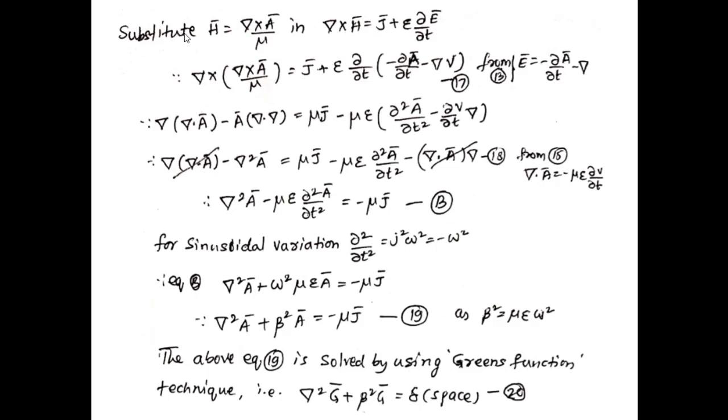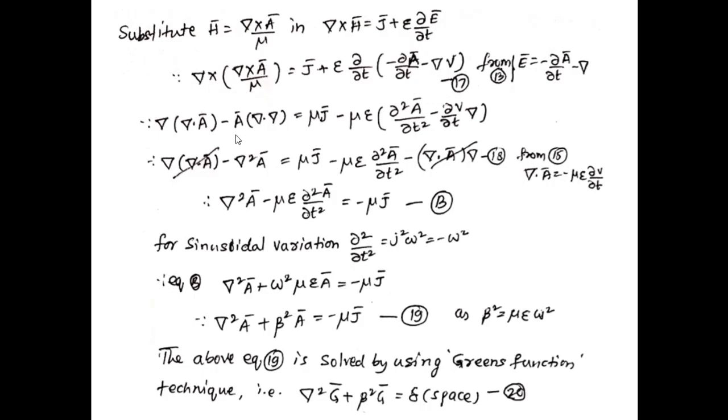Substituting H bar is equal to curl of A bar divided by mu in curl of H bar is equal to J bar plus epsilon dou by dou t E bar, we get curl of del cross A bar by mu is equal to J bar plus epsilon dou by dou t into bracket minus dou by dou t A bar minus del V, from E bar is equal to minus dou by dou t A bar minus del V. We get, using the vector formula, del into del dot A bar.